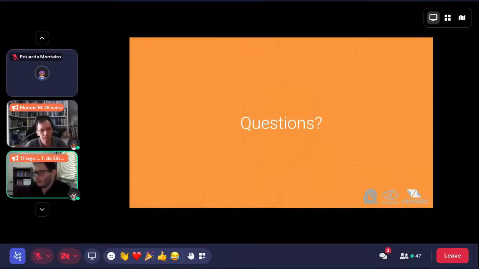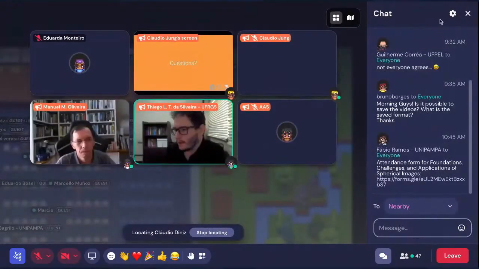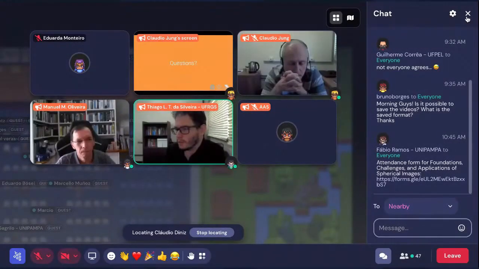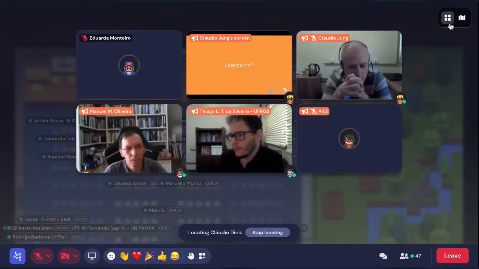So the camera will save in the device itself, like two spherical images, for instance. But we can export these images to the format we want, like cube map or rectangular or so.